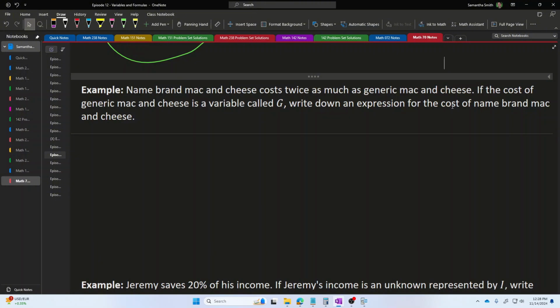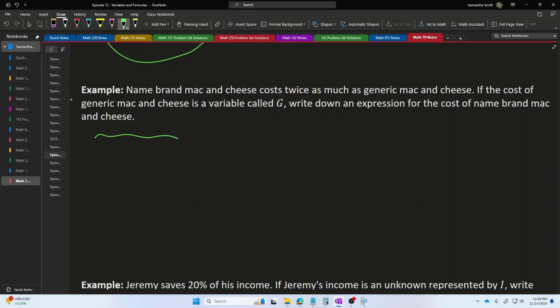Inflation is happening all the time, and the food is just getting more and more expensive, right? So let's represent the cost of generic mac and cheese by a variable called G for generic, to reflect the fact that this price can change over time. Let's write down an expression for the cost of name brand mac and cheese based on the cost of generic mac and cheese.